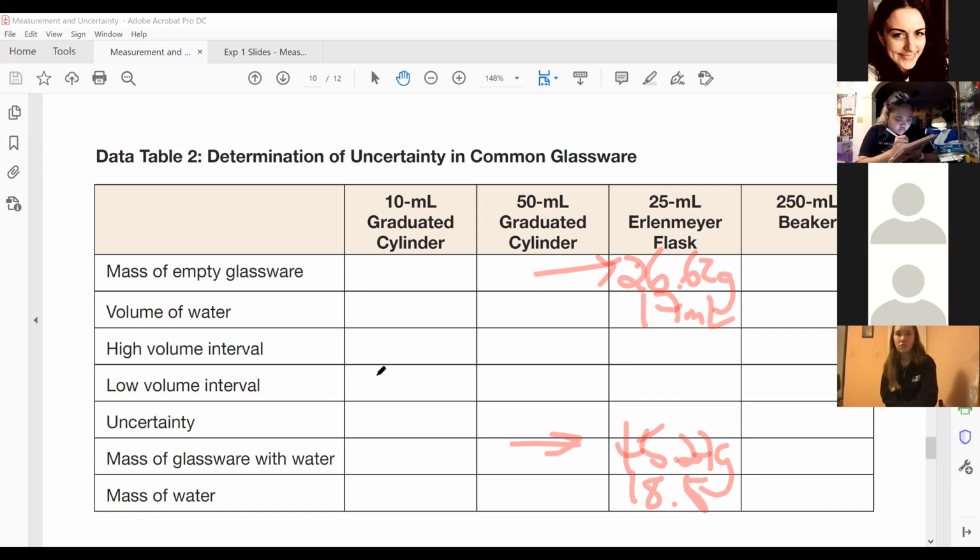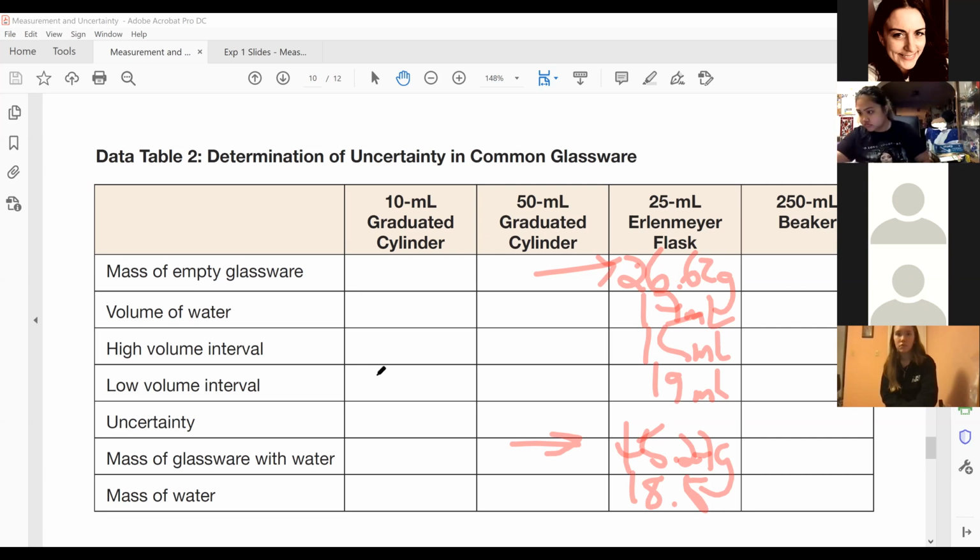And I really don't know what the high and the low volume is going to be. I think it's going to be somewhere between probably 15 and 19, because it's so hard to know. And these are just estimates that you'll be using yourself.